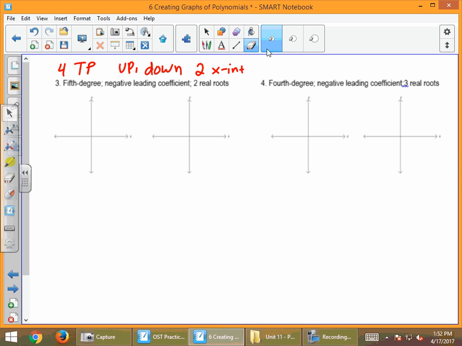This is what we're gonna do. Go through. Snake, come back up, touch, and then go back down. Something along those lines. So it has 1, 2, 3, 4 turning points.